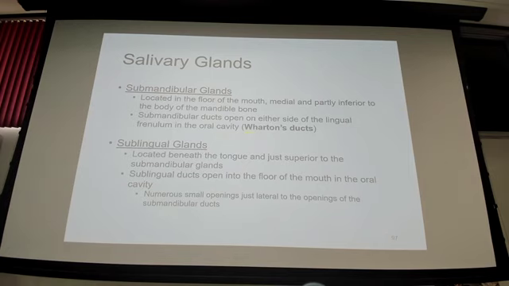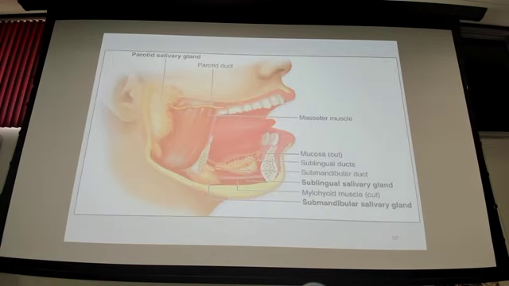So sublingual are not just a single large duct, but a series of small openings under the tongue. Okay. And so if you look here, the sublingual, these ones right here, they're these little protrusions, right?